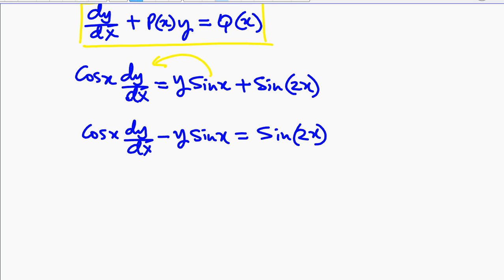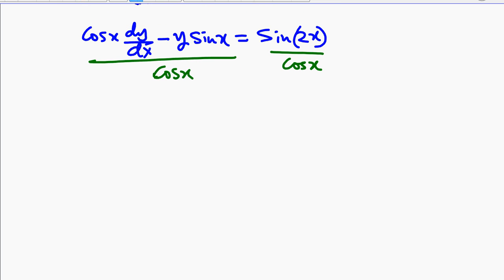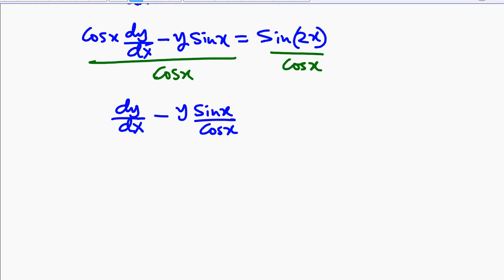Okay, next I'm going to divide both sides by cos x. Divide this side by cos x, divide that side by cos x as well. So what we shall end up with is dy over dx minus y sine x over cos x is equal to, now this side we can write as 2 sine x cos x, use your double angle formula, over cos x.